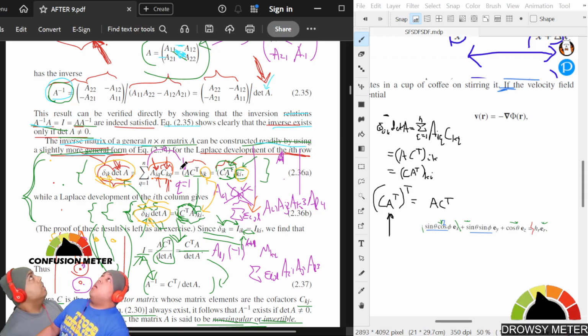So without any shenanigans, these two guys are equal no matter what. Even outside all this inverse stuff, these guys are equal. We're saying this is equal to this now.